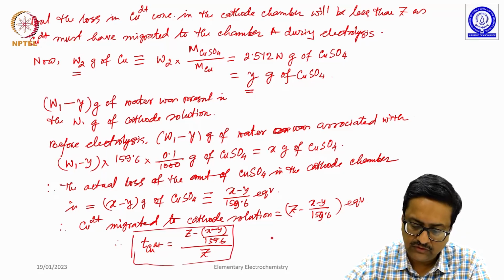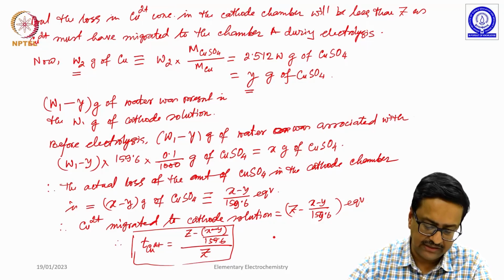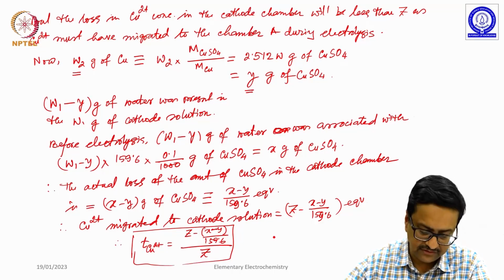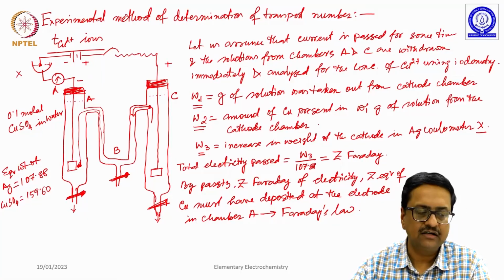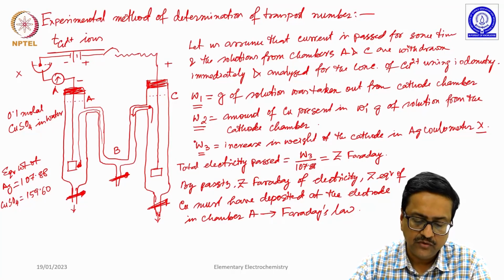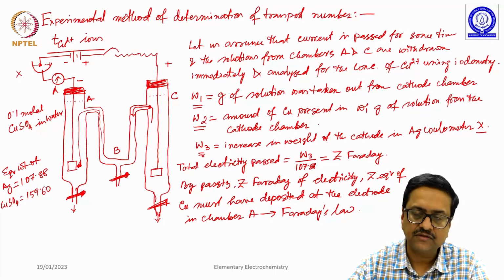So, once we know the values of W1, W2 and W3 in this way, we take out W1 gram of the solution, we analyze the amount of copper present, which is W2, and we measure the amount of silver deposited, which is W3.